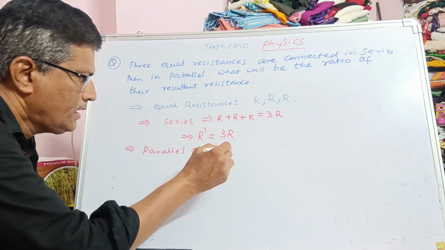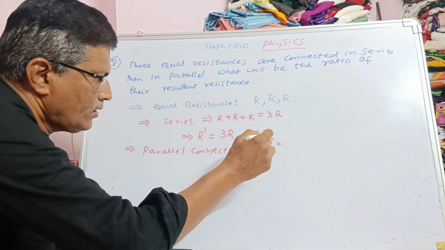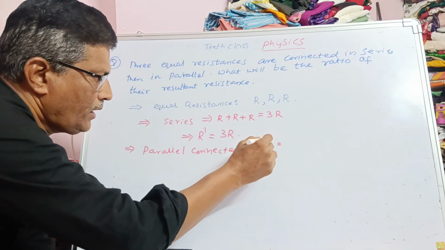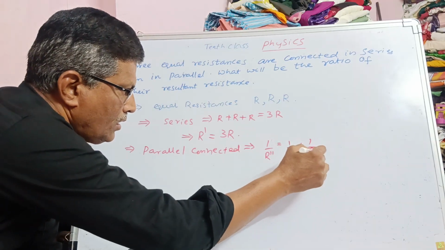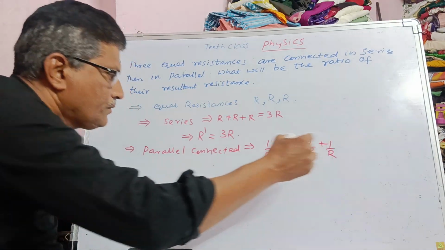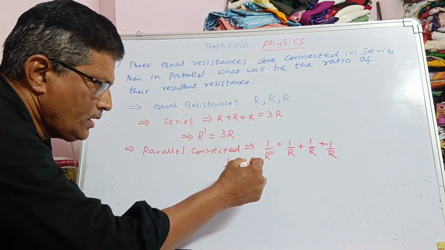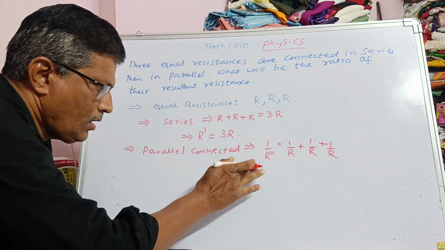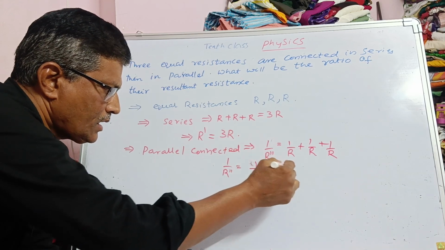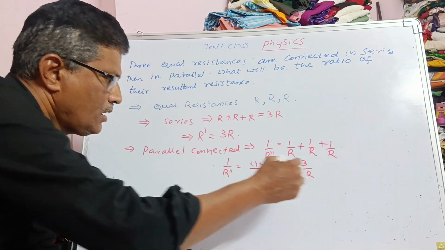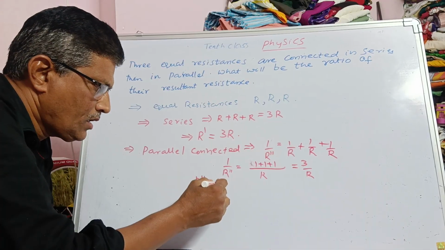So for parallel, we take 1 by R double dash equal to 1 by R plus 1 by R plus 1 by R. The LCM is R, so 1 plus 1 plus 1 is equal to 3 by R. So R double dash is nothing but R by 3.